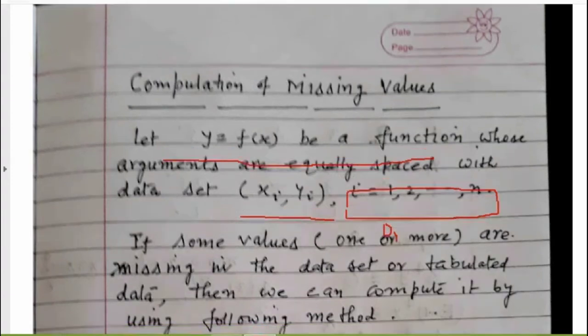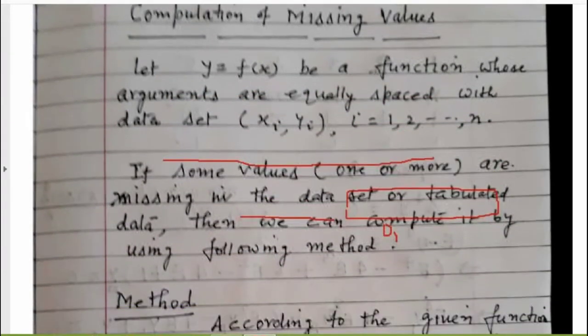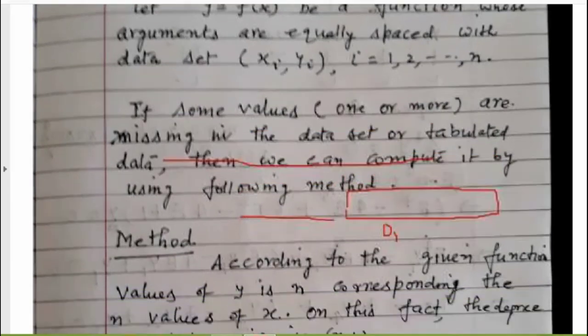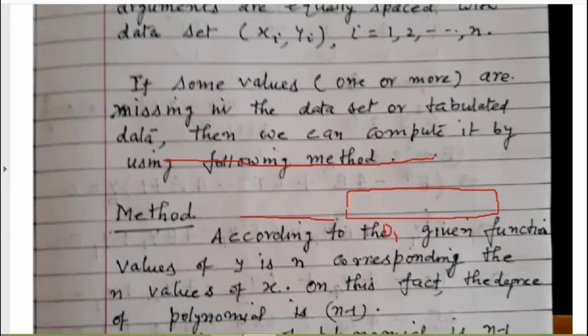Now, suppose this is the value of y, this is the value of y, this is the value of y corresponding to values of the arguments.